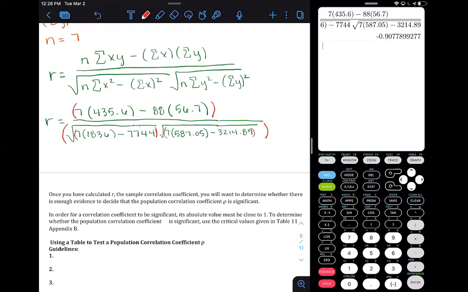One way you can check to see if you have the right sign is to look at the scatter plot, and you should have a negative slope. So our r, if we round this to 3 decimal places, is approximately -0.908. Questions with that?